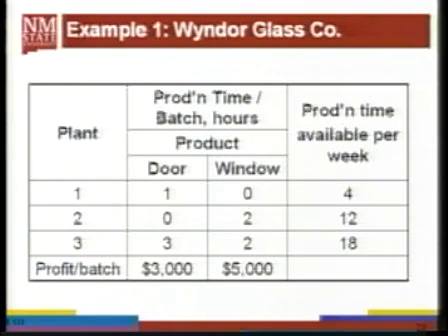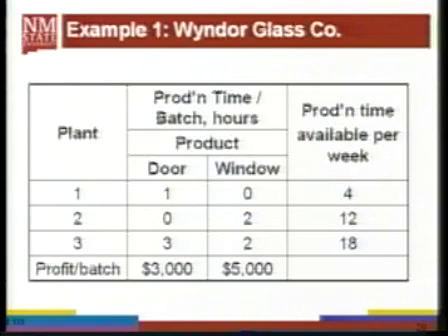So to formulate the mathematical linear programming model for this problem, first of all, we begin by defining the relevant decision variables, right? What is a decision variable? It's a variable whose value is to be determined within the model, right?